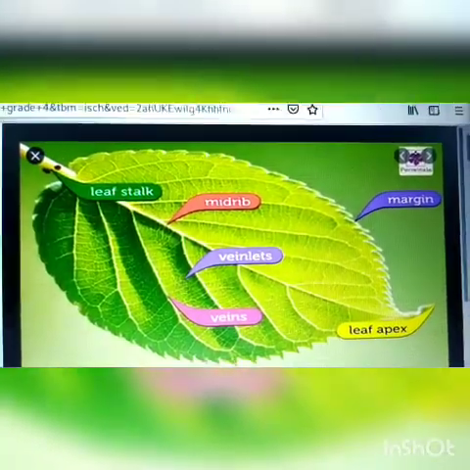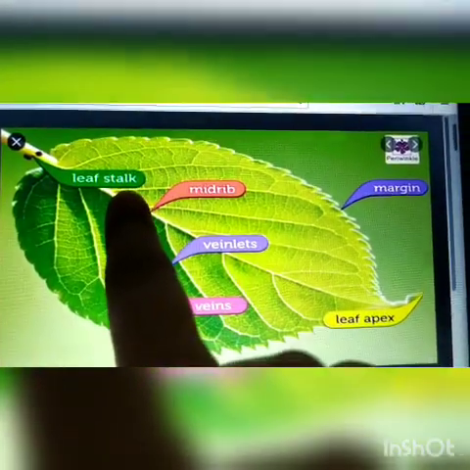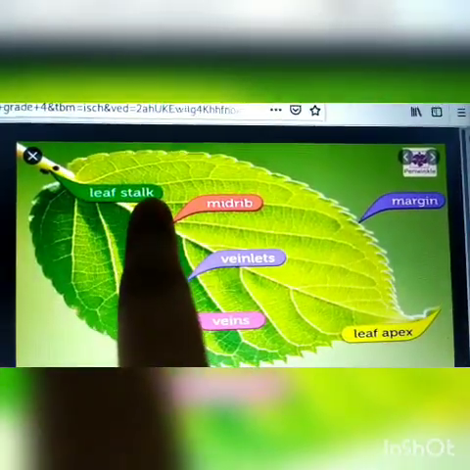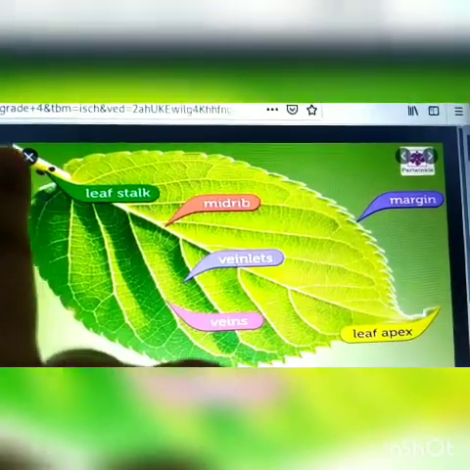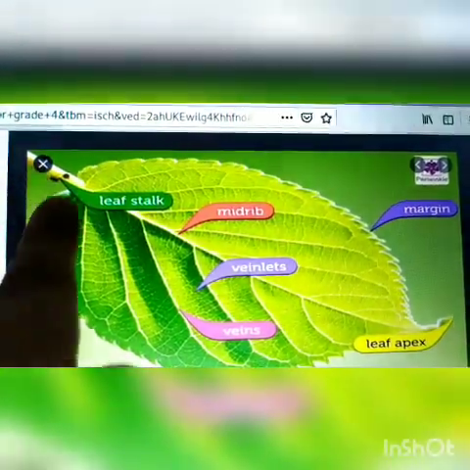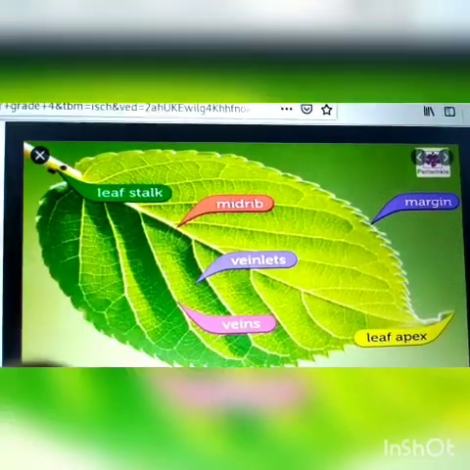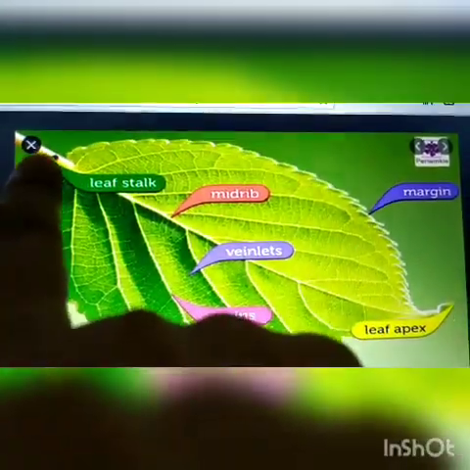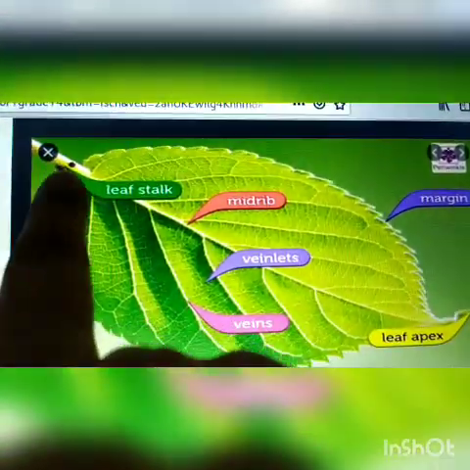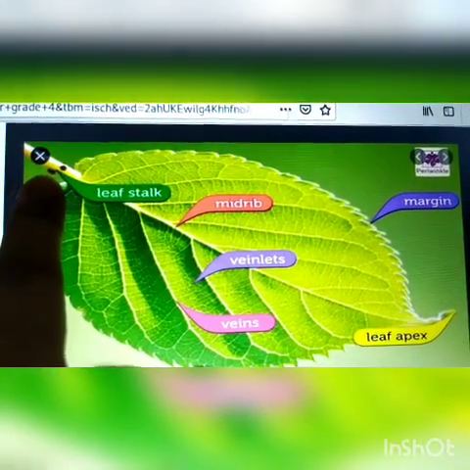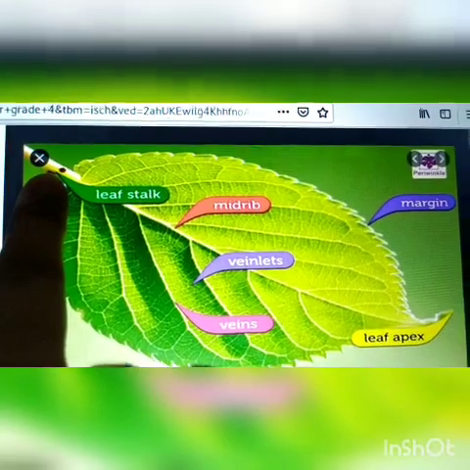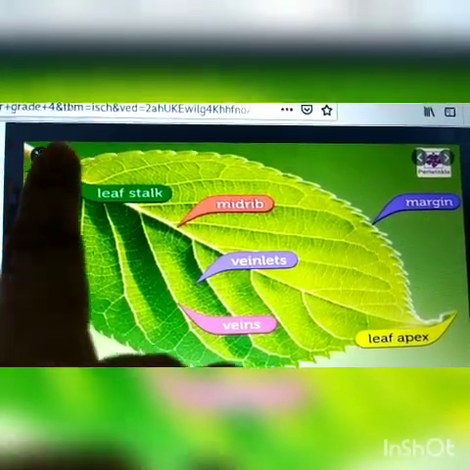Now, next is leaf stalk. Leaf stalk is the long tube-like structure which attach the leaf to the main stem. Okay, you can see over here this tube-like green structure which looks like a stem, but it is much thinner than the main stem.